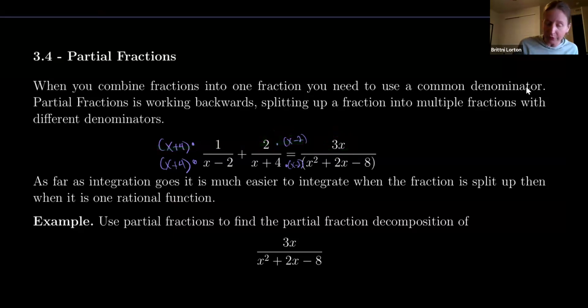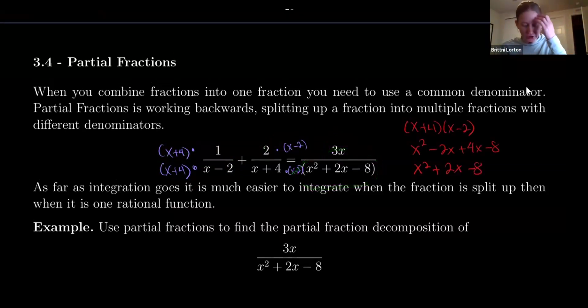That's how I ended up with 3x on the numerator. And then they would have this common denominator, which if you were to FOIL out x plus 4 times x minus 2, you would get x squared minus 2x plus 4x minus 8, which is the common denominator of x squared plus 2x minus 8.